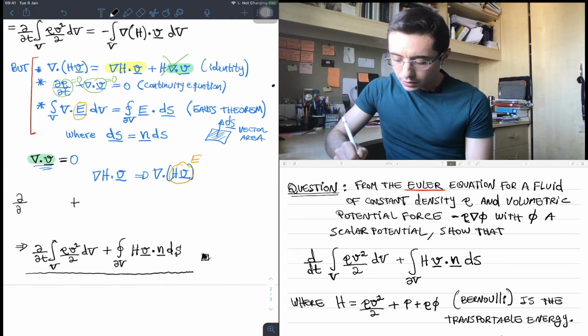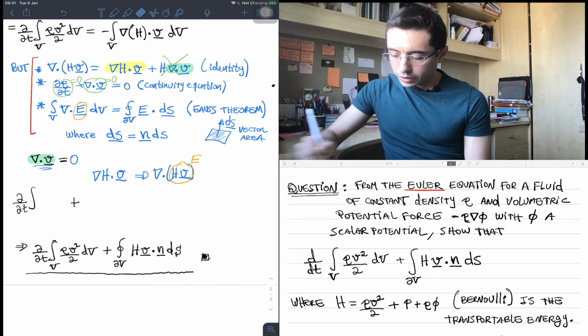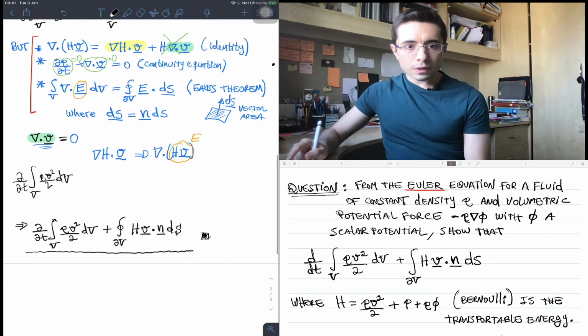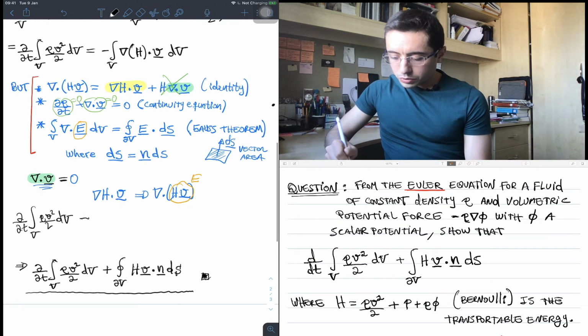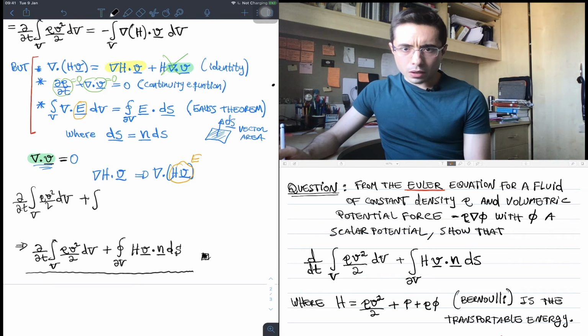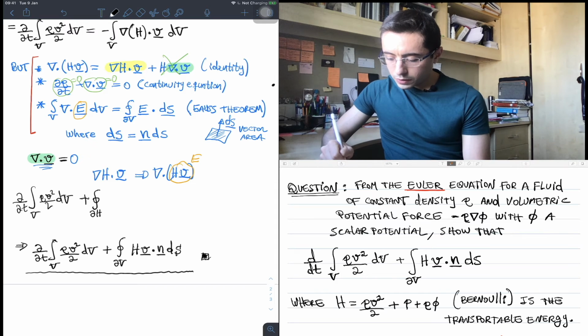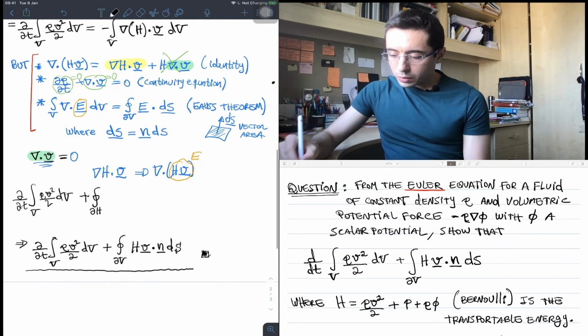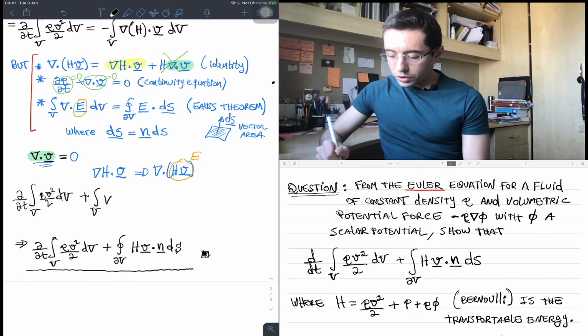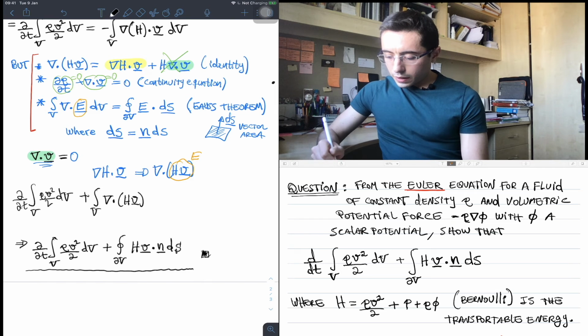So we have d/dt of that integral there on V, right, of rho v squared over 2 dV, plus, because we just changed the side, we use the Gauss theorem, so then this is on the boundary. And actually I'm going to write just one step before, so that step before is just plus the integral on V of the divergence of hv dV.